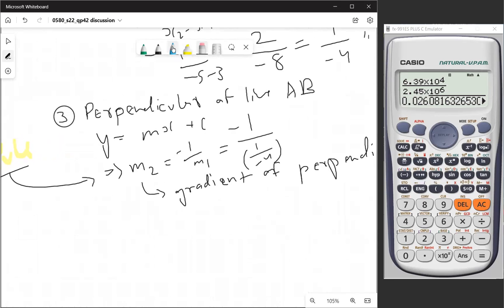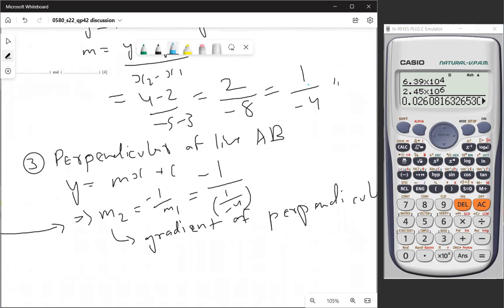Then I plug in the gradient I found in the last part, which was -1 over 4. So -1 divided by -1 over 4 would give me 4. Clear?